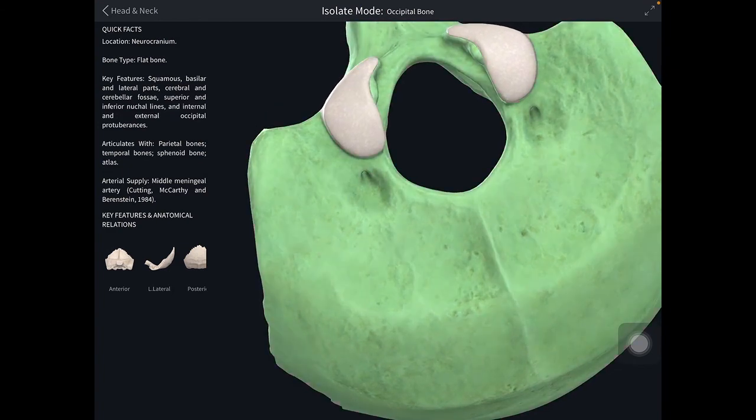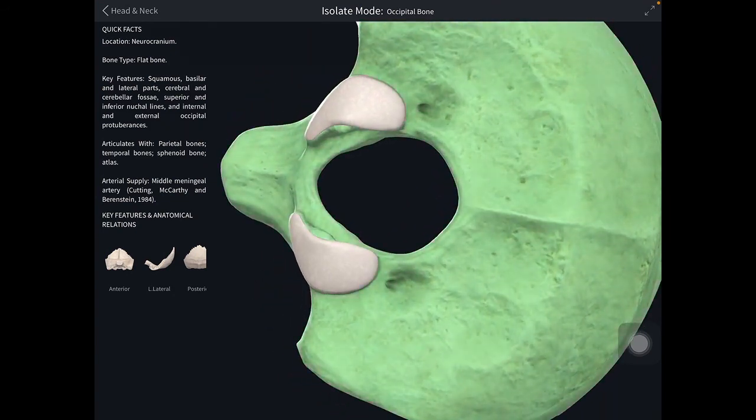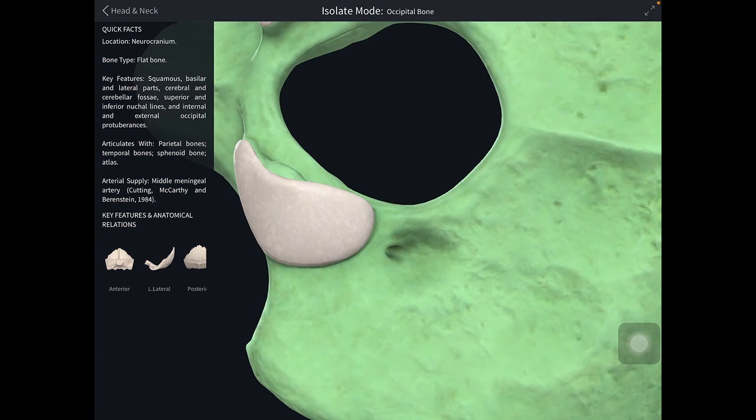Sometimes a posterior condylar canal, as given here, opens in the floor of the condylar fossa on one or both sides. This canal transmits the emissary vein connecting the sigmoid sinus with the suboccipital venous plexus.